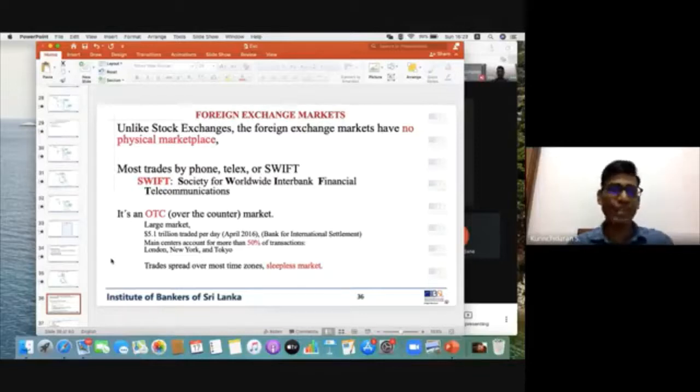Even though we studied how exchange rates are determined, most of the time it's an expectation, and that differs from person to person, market to market, and entity to entity. So people try to gain out of maybe asymmetric information.